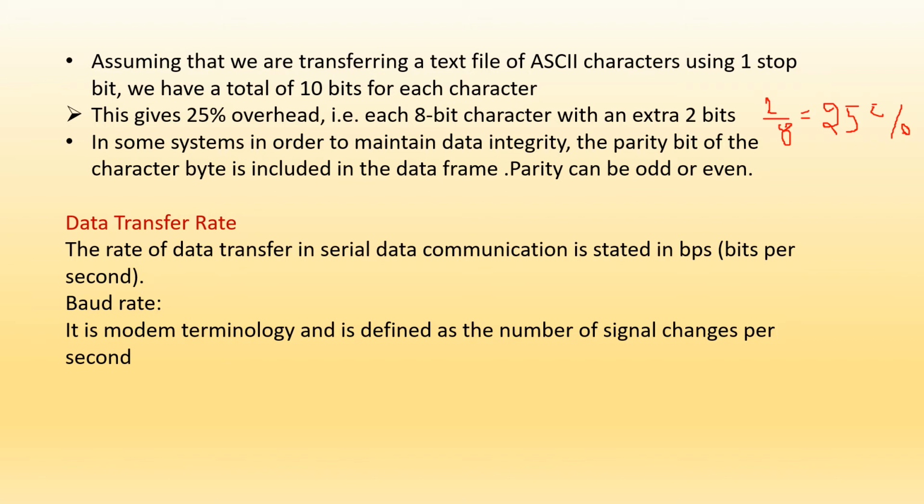This is used in modem terminology. Usually the data transfer rate is specified in bits per second, and baud rate is the number of signal changes per second. Sometimes the baud rate is also used to indicate the data transfer rate.